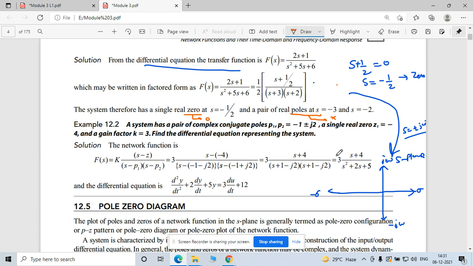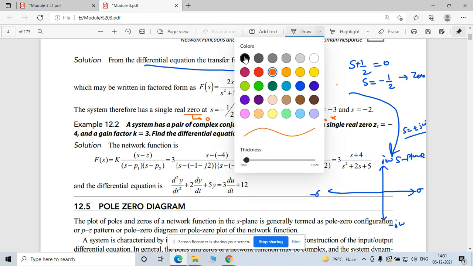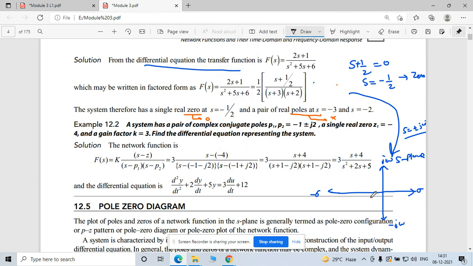So mark these locations here. Suppose this is minus 1, minus 2, minus 3, minus 4, right? And this is 1 by 2.